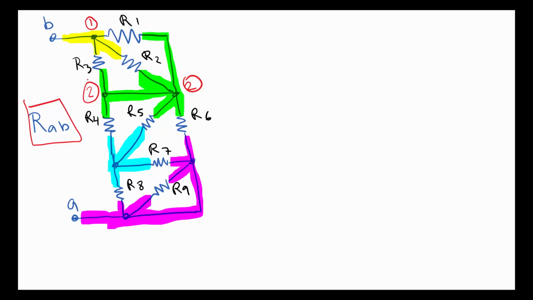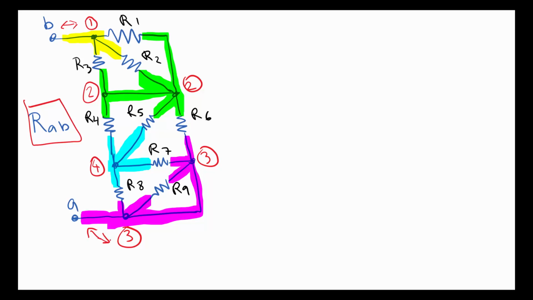It's all the same node. Then let's call this one node 3 and this one node 4. We can notice that node 1 is node B, and node 3, let's call that node 3 here so that it's not confusing, node 3 and node A are the same.